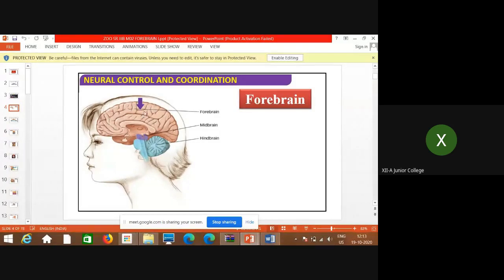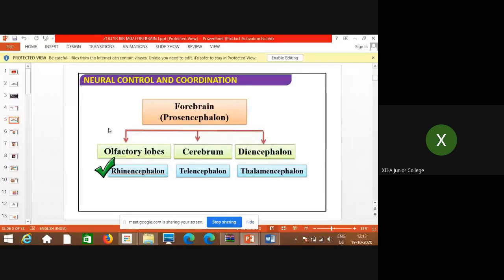And again, how it is divided, that we will see. This entire structure is forebrain. This very small part which is shown here is the midbrain, mesencephalon, and the last part is called hindbrain. Then these are the parts of forebrain, prosencephalon. First are the olfactory lobes, also called rhinencephalon. Next is the cerebrum, also called telencephalon.